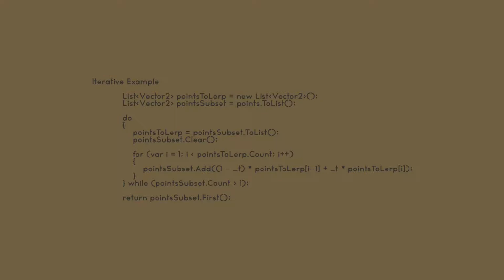You lerp between all the points in the list, and then you assign that to the resulting set. Then you do a while loop: while the resulting set.count is greater than 1, you repeat the process. You lerp between all the points in the resulting set and then reassign it to the resulting set. Again, repeat it since it will be greater than 1. And when it equals 1, the only element left in that resulting set list will be 1 point, and that's your result.